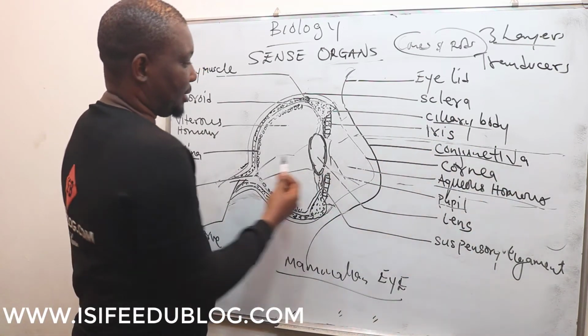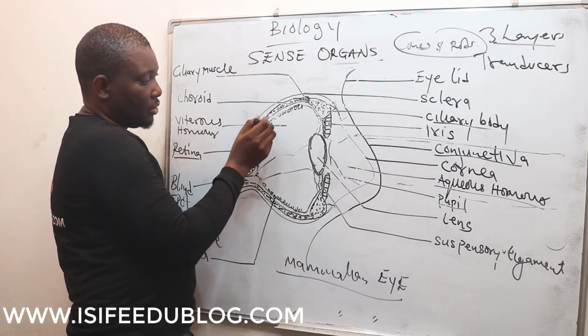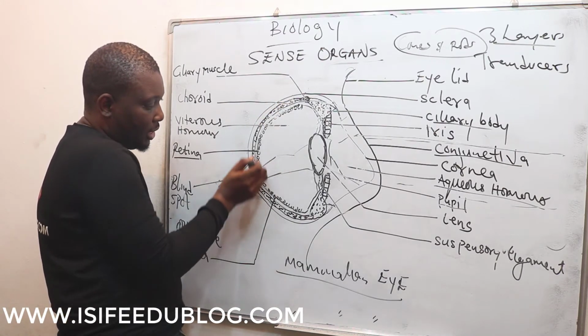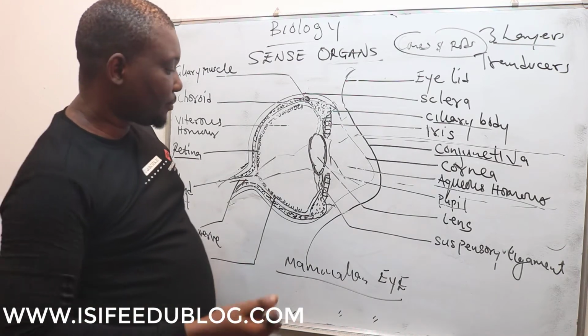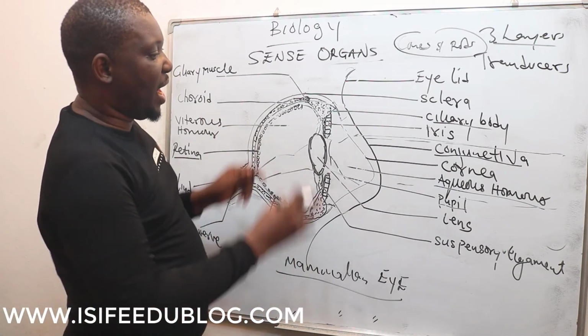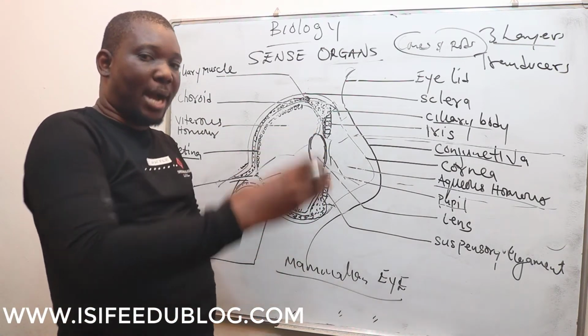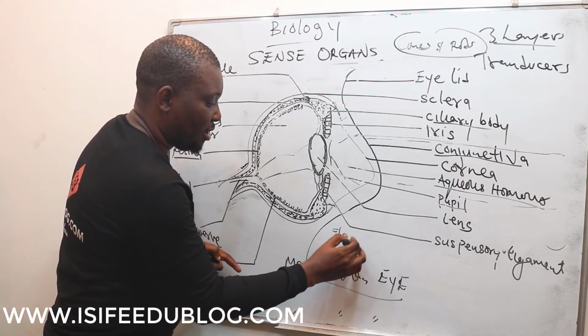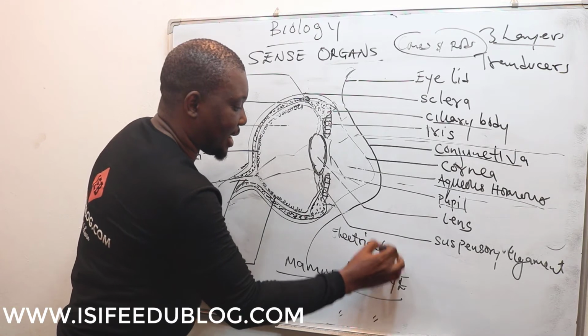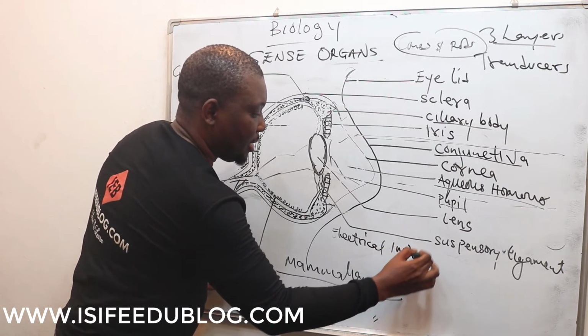So the light that enters the eye stimulates them. Once it falls on the retina, the rods and cones will be stimulated to convert that electromagnetic wave of light into electrical impulses.